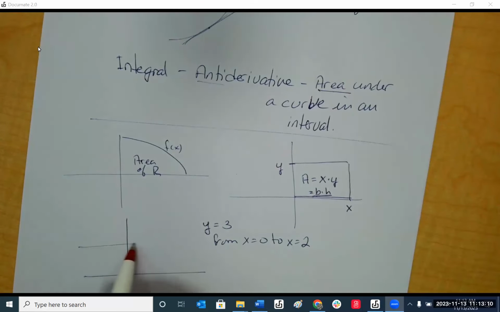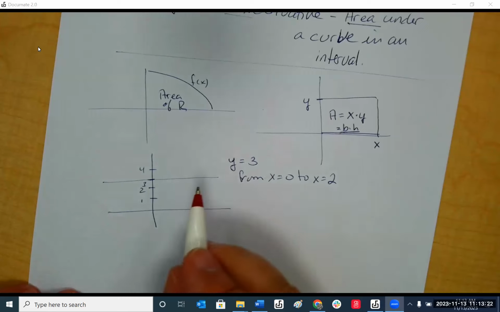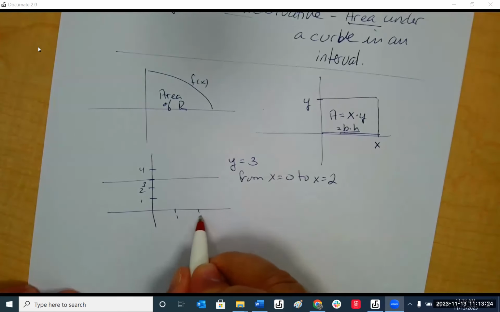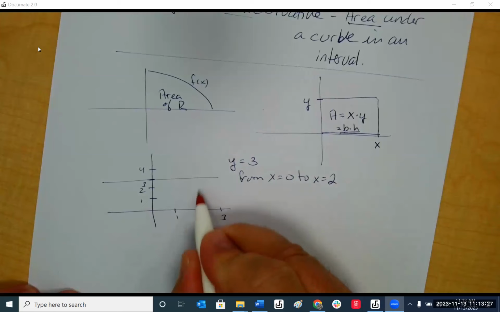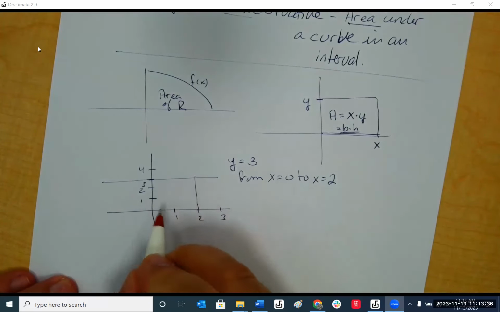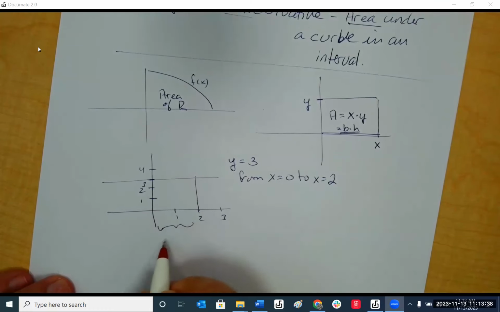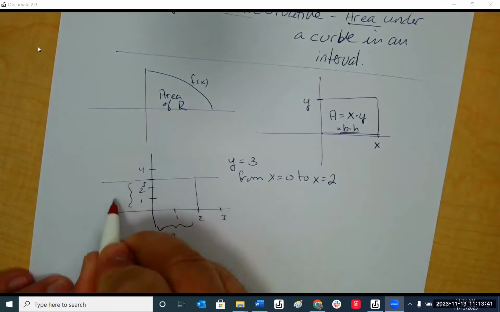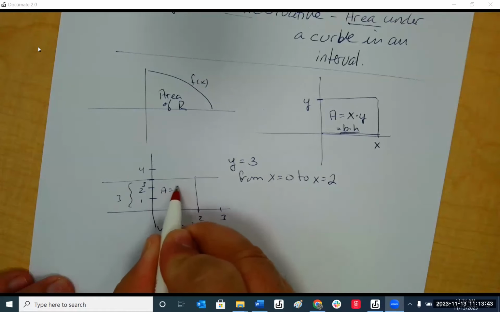This line here crosses at 3, and the domain is from 0 to 2. Now, to find the area, what we've learned so far is 2 times 3, so the area is 6.